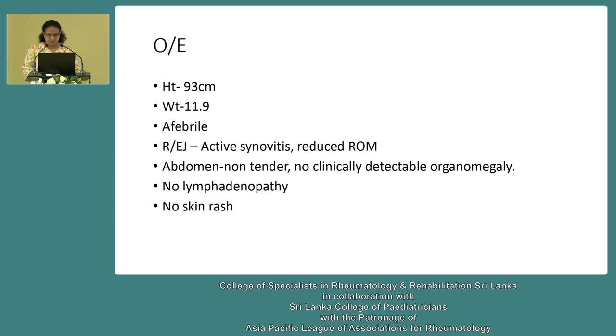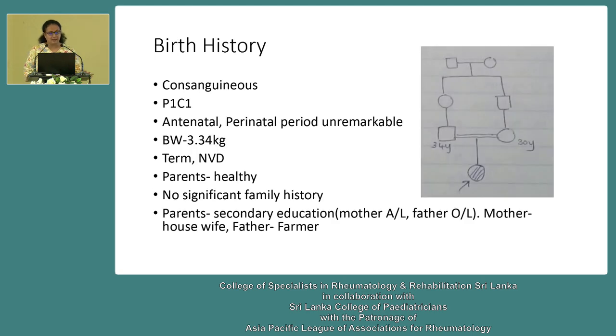If you look at the past history, starting from the birth history, her parents were consanguineous, and this was the first child, with a normal antenatal and perinatal period. There was no significant family history, and the parents were healthy.